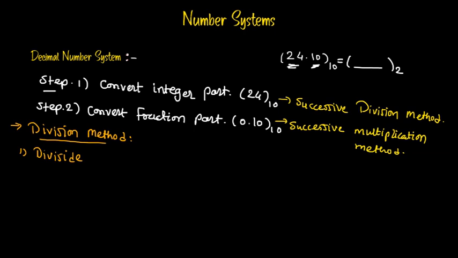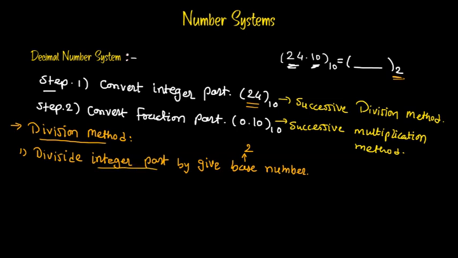In our case, we will divide 24 by the given base, 2, because we want to convert the decimal number into the binary number system.